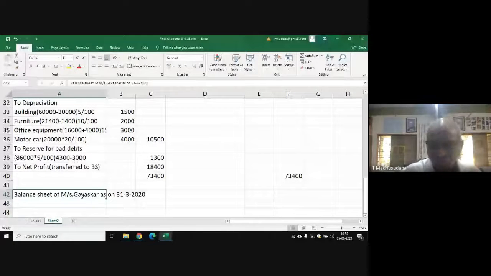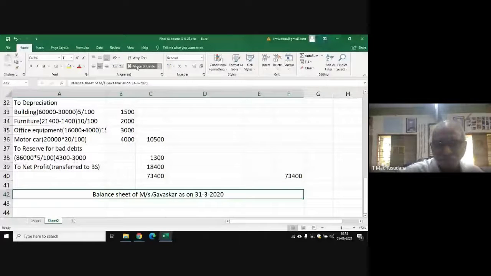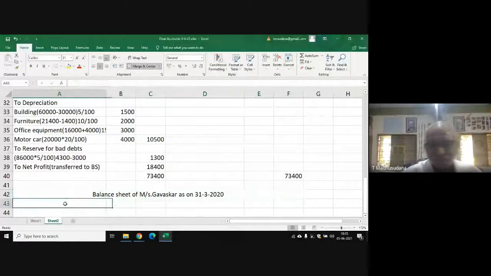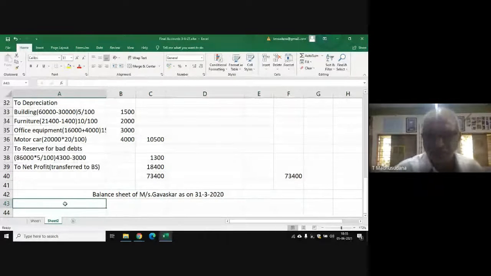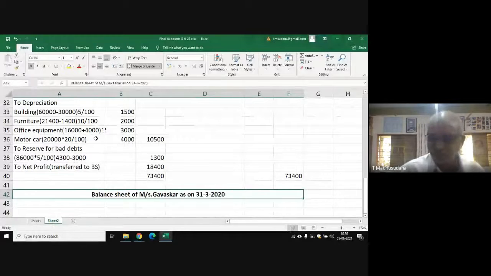So I will center it. The balance sheet is not an account. Balance sheet is just a statement. That's why you just observe the heading: balance sheet as on 31/3/2020. Like that only we have to write the heading.